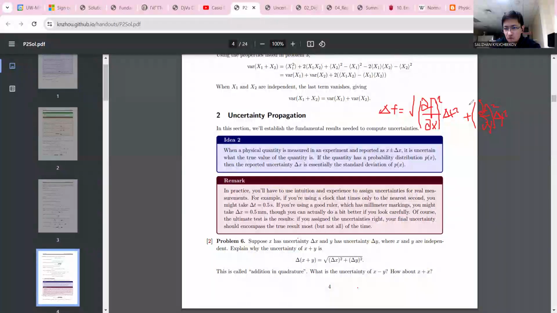Бул universal rule да. This is the universal rule.